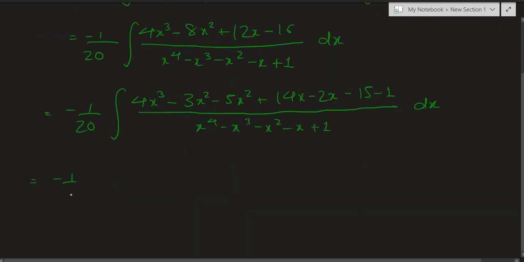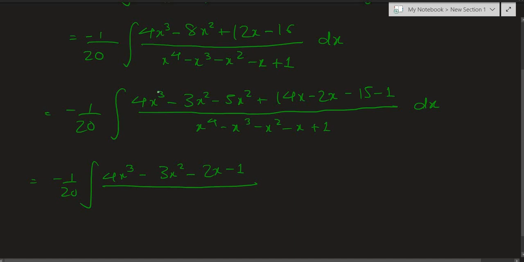So we have negative 1 over 20 times, let's just scrape out the derivative of the denominator terms from this numerator part. So we have 4x cubed minus 3x squared minus 2x minus 1.